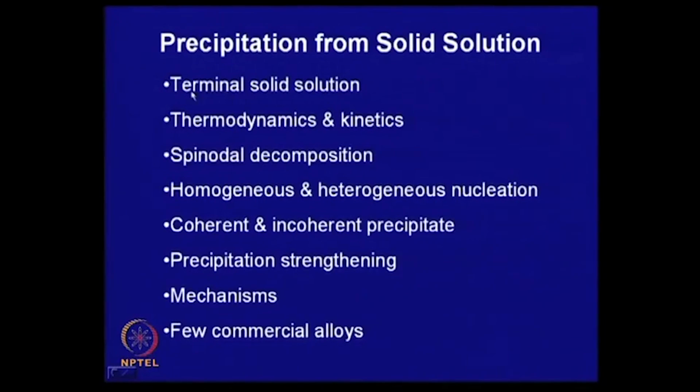Now, under this we will look at terminal solid solution, we will look at thermodynamics and kinetics of the process of precipitation, we will learn about spinodal decomposition, we will look at homogeneous and heterogeneous nucleation, we will also learn about the types of precipitate that we come across, and the main purpose of all this is to get some additional strengthening in the material.